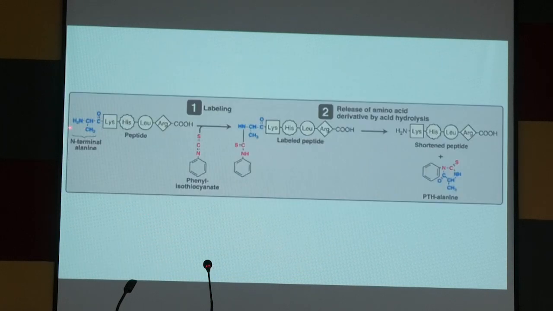Here we can see a polypeptide chain. This is the N-terminal and this is the C-terminal. In the N-terminal, this chemical is reacting, and the instability is inserted just here, because this is one amino acid and this is another amino acid.